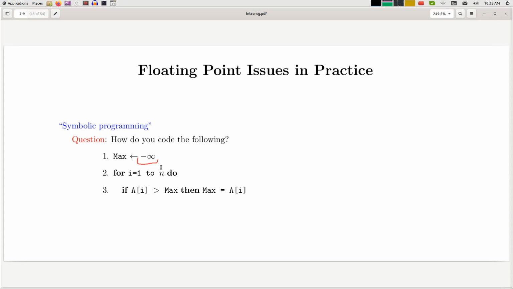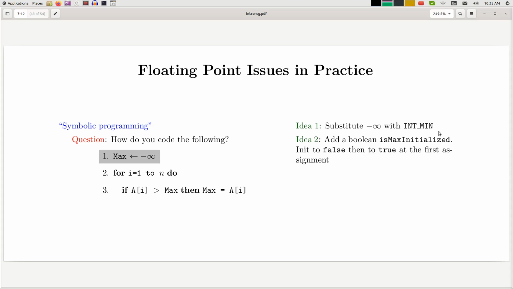And let's say I don't want to change this code, because one way to change it is to initialize max to, say, A1, and then I don't have this problem. Then the max is initialized. So let's say I don't want to change this code at all. If you think about this, there are a number of potential solutions. One of them is that you can substitute minus infinity with the smallest number that you could represent.